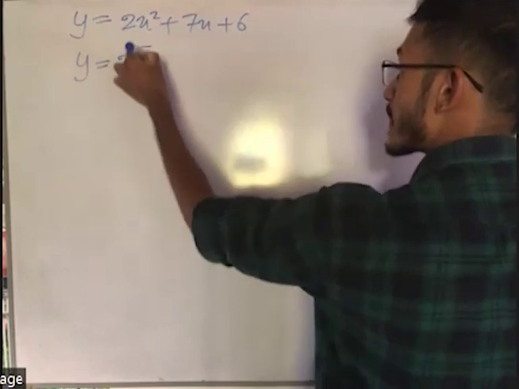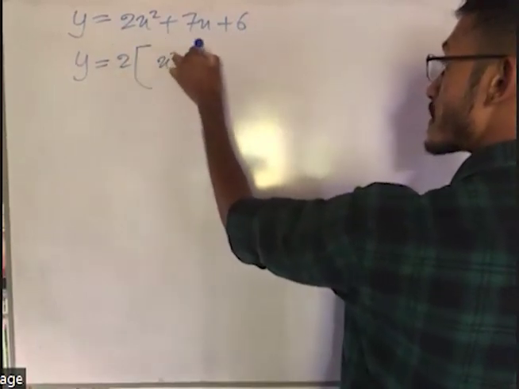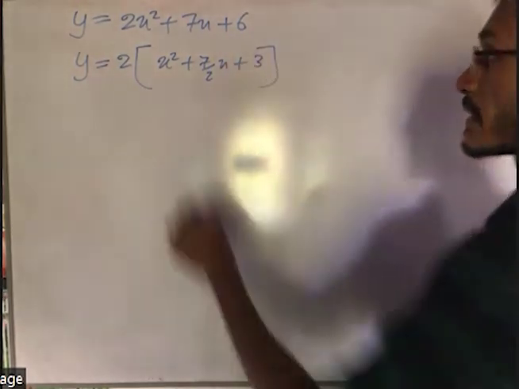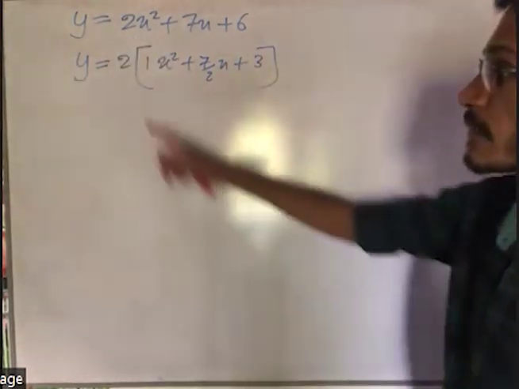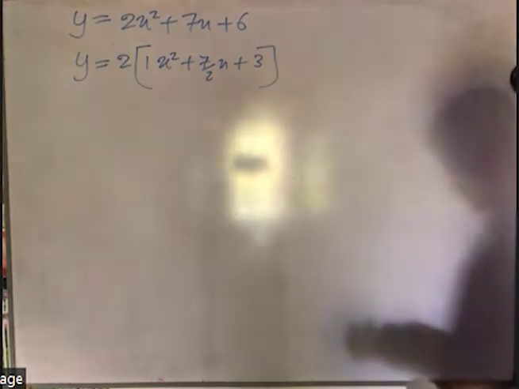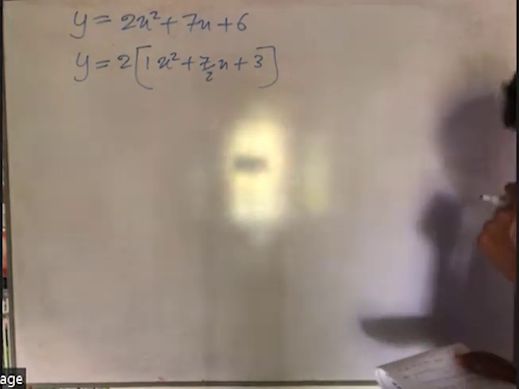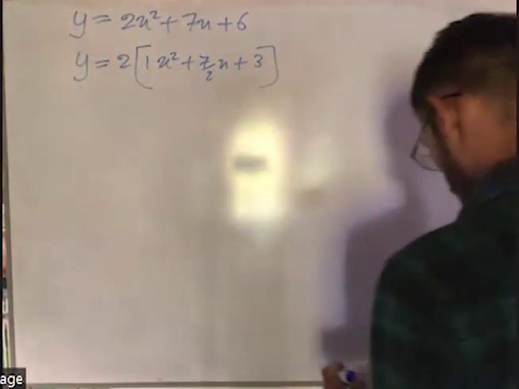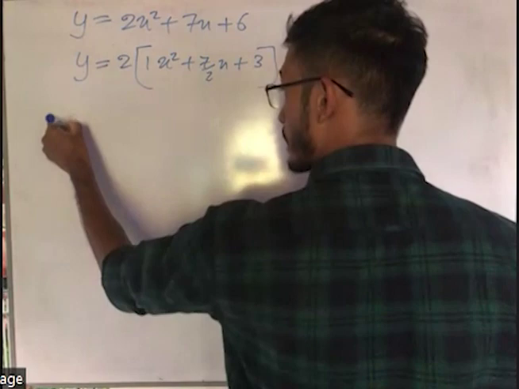Then 2 into brackets (x square plus 7 over 2 x plus 3). Now we have plus 1. If you multiply by 2, we have 2x square plus 7x plus 6. Now we can use the completing the square step.